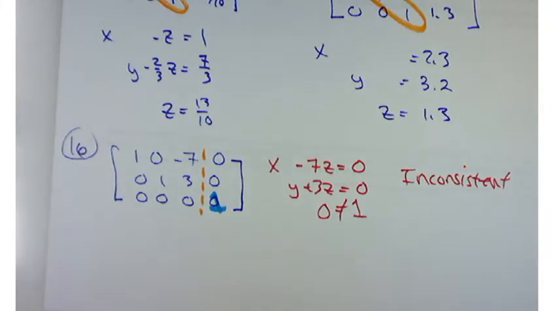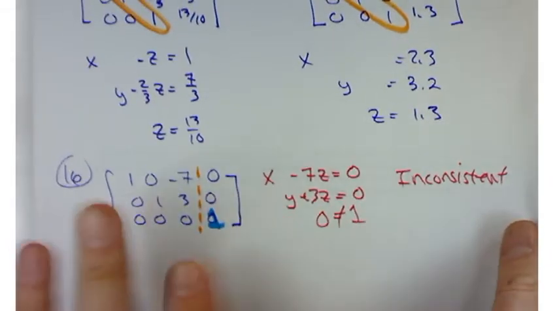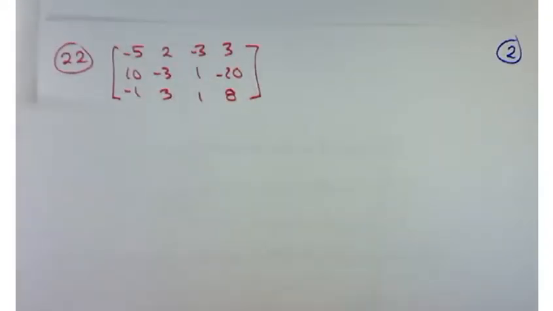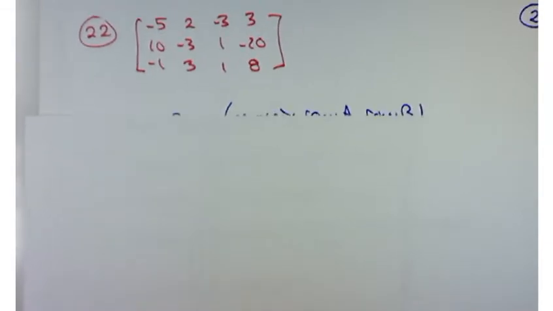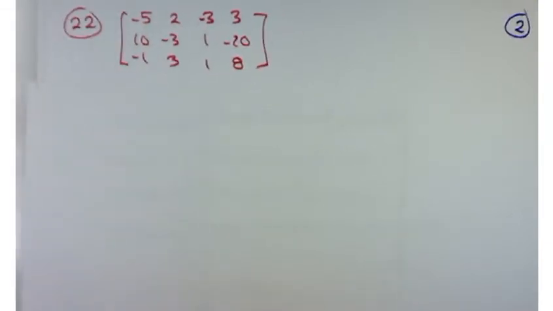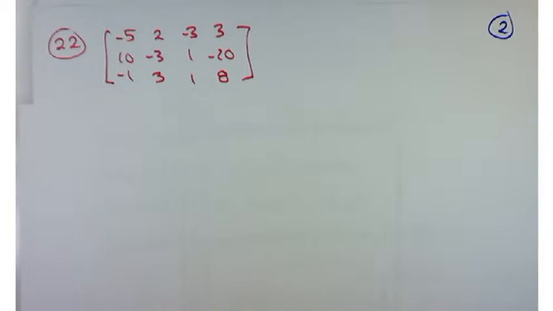Now, I said we're going to try and bridge the gap between the calculator and what we do on paper. So let's do that. To start, let's take a look at problem number 22. We're going to need to enter this into our calculators. So let me help you out with entering that into your calculator.